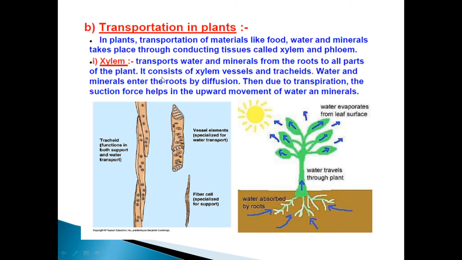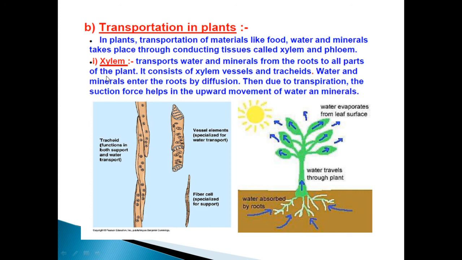Transportation in plants. Even in plants, materials should be transported from one part of the plant to another part. The transportation of materials like food, water and minerals takes place through conducting tissue. This conducting tissue is xylem and phloem.